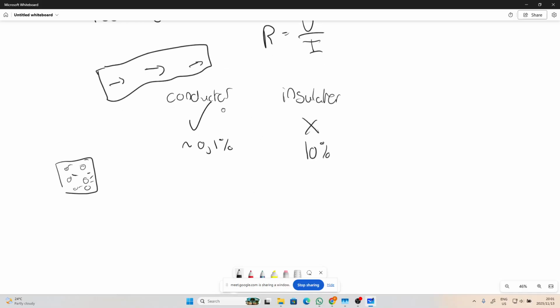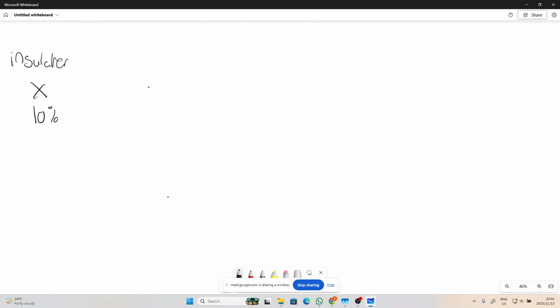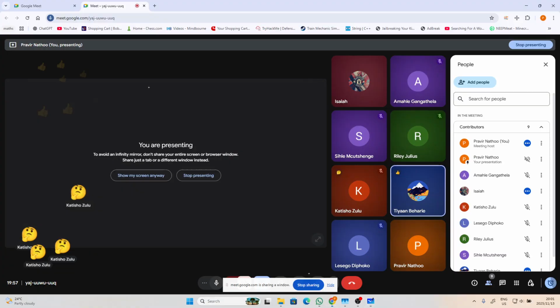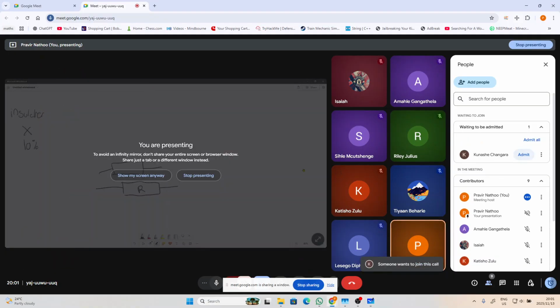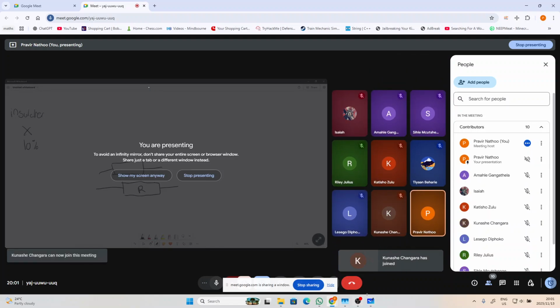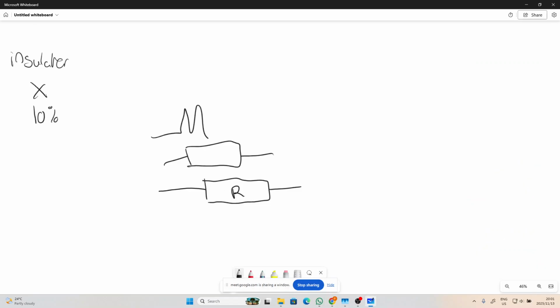Now, we look at the component known as the resistor, the infamous resistor. However you would like to draw it. If you want to draw it like this, sure. If you want to draw it like this, sure. The resistor. What it does, slows down current.